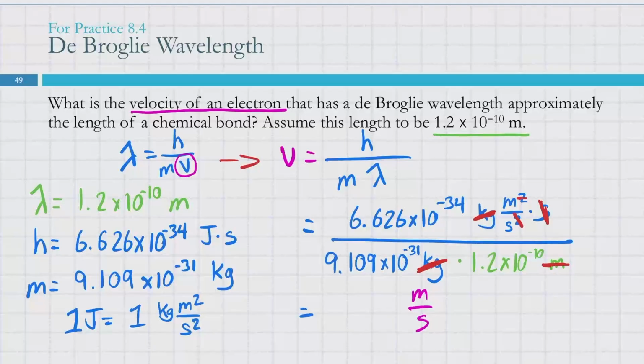We need our calculator. I would recommend for most of us putting parentheses around these numbers on the bottom when you're multiplying them. Add those in a different color.